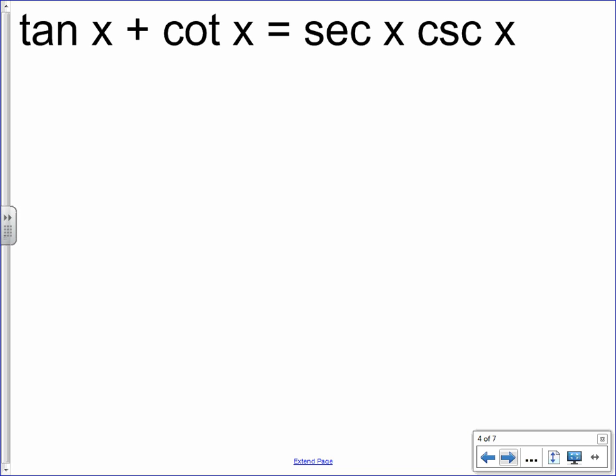Okay. We have to take one side or both sides, and we are done once they equal each other.